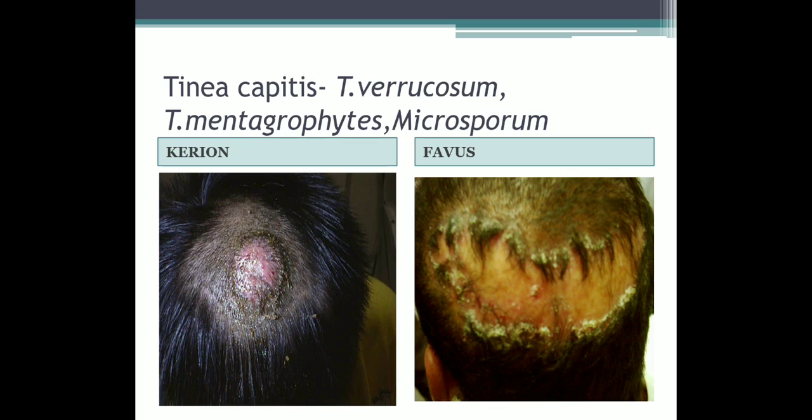Among them are kerion, which is a boggy scalp swelling with chronic pus and sinus formation, and favus, where there are chronic dense crusts called scutula present around inflamed follicles. Favus is primarily caused by Trichophyton schoenleinii. There may be patchy alopecia with broken hair.